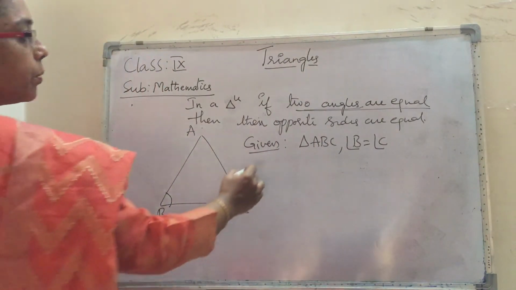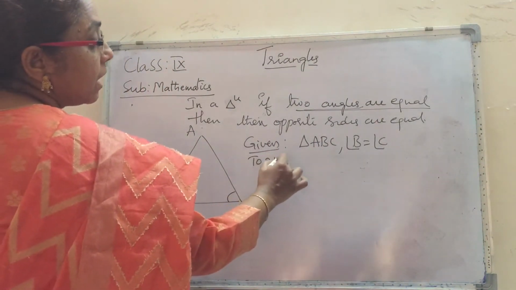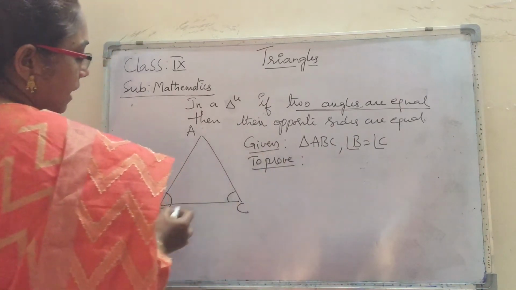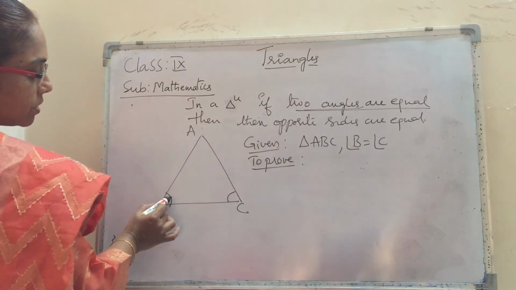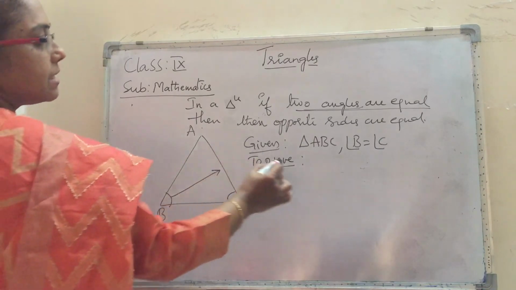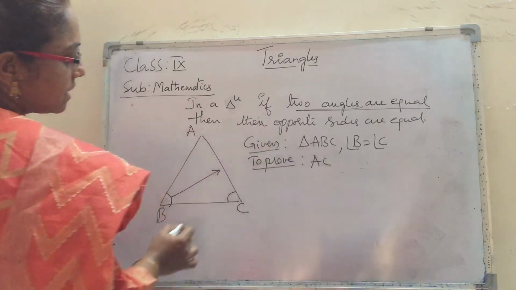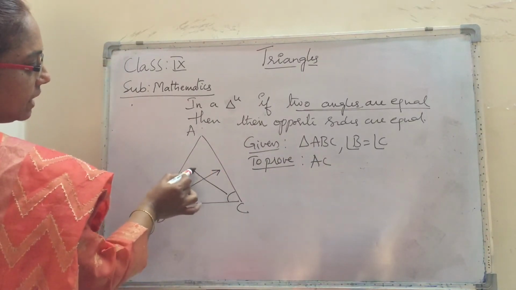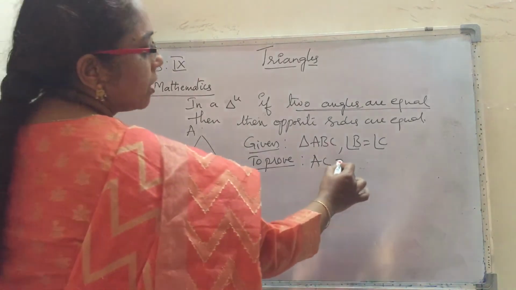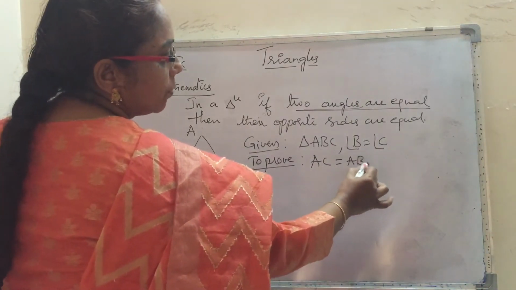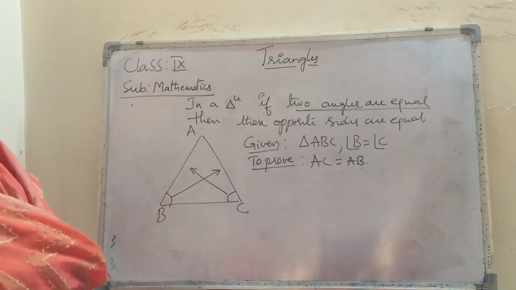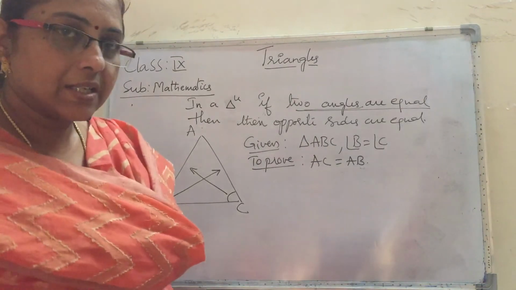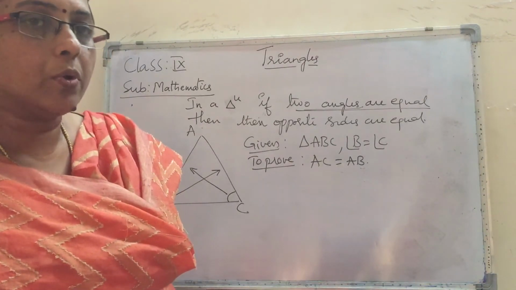Then what do we have to prove? Their opposite sides are equal. What is the side opposite to angle B? AC. And what is the side opposite to angle C? AB. So we have to prove AC and AB are equal sides. Is it clear, children? What is given, and what do we have to prove in this?